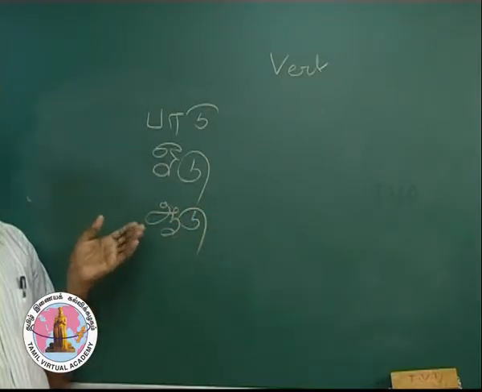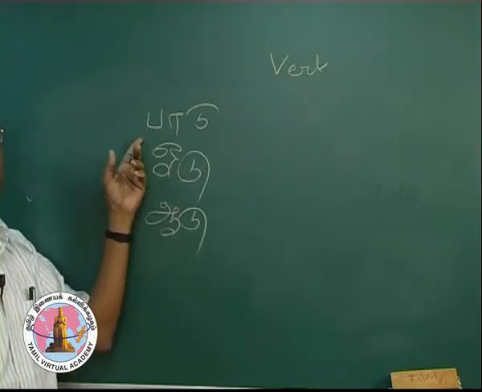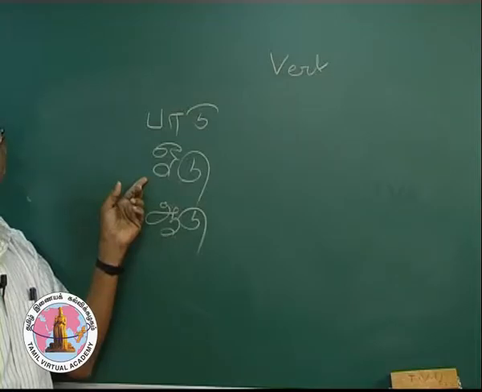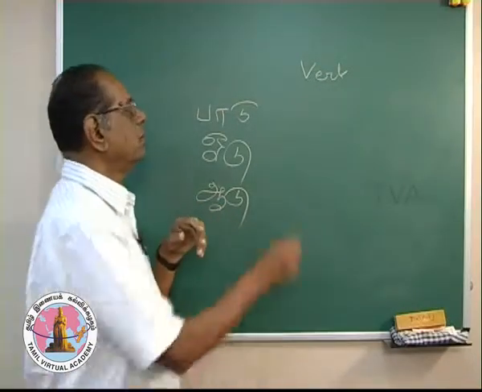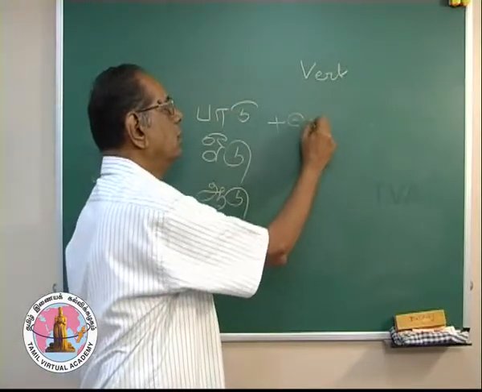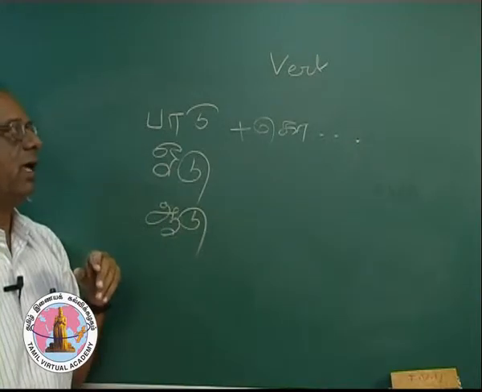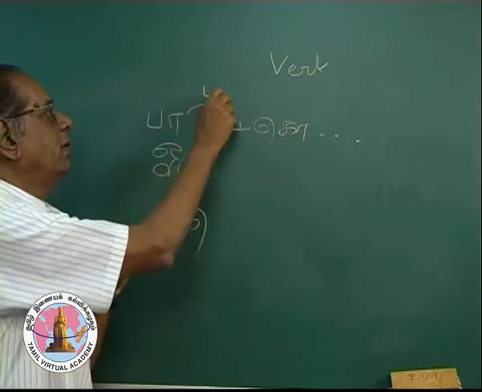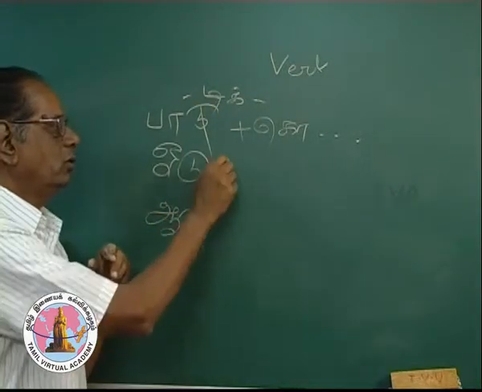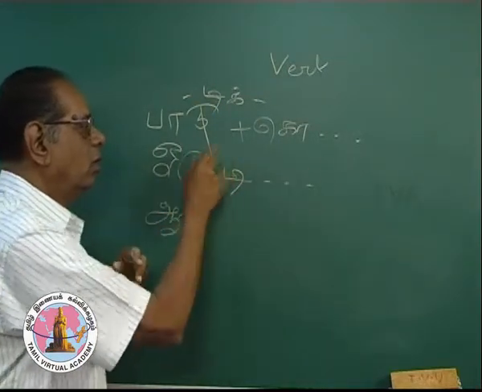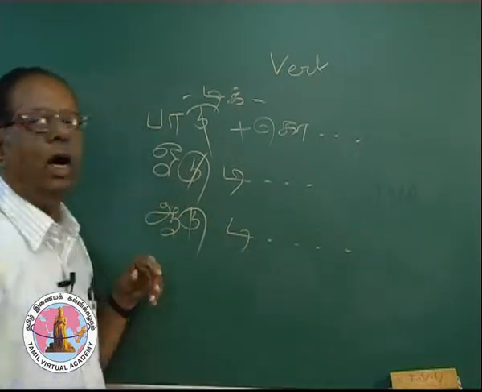These are verbs which are similar in sound. Paadu, to sing. Odu, to run. Aadu, to play. You add the suffix here and they will become பாடிக்கொண்டு, ஓடிக்கொண்டு, ஆடிக்கொண்டு.